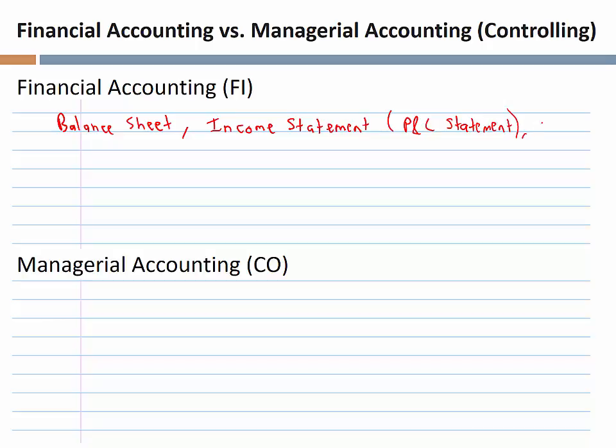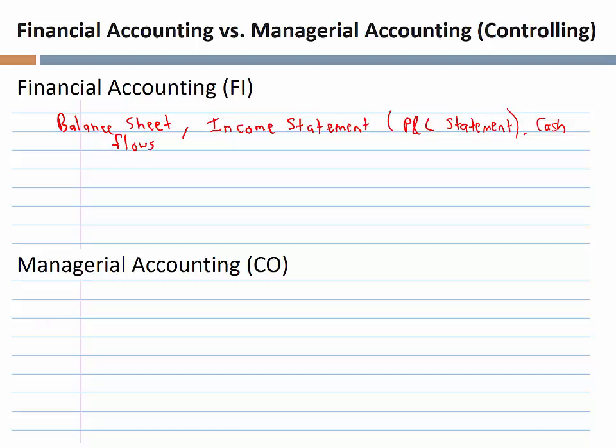And then a statement of cash flows. Balance sheet, income statement or profit and loss statement, and statement of cash flows. So financial accounting captures transactional information as it has a financial impact for our organization, and reports the impact of those things on the balance sheet, income statement, and/or statement of cash flows.